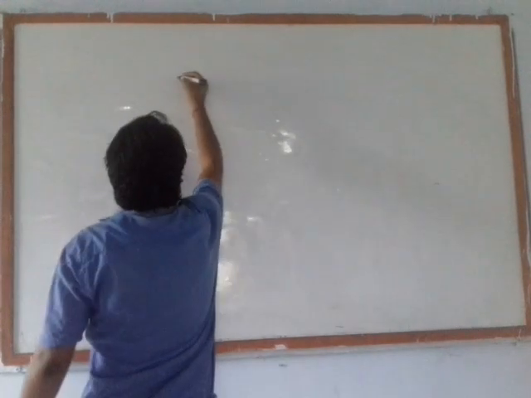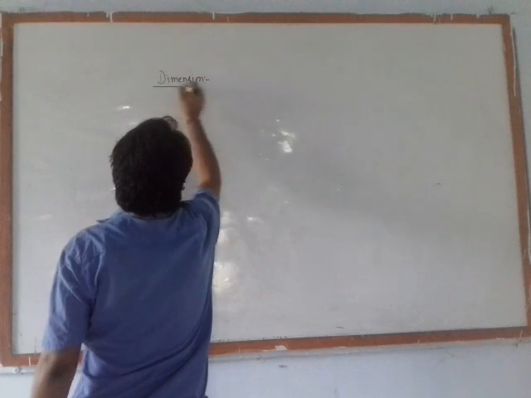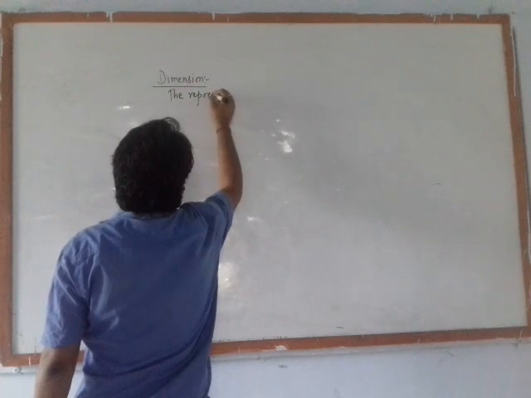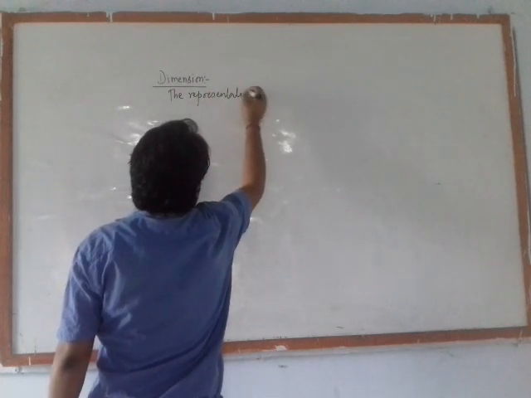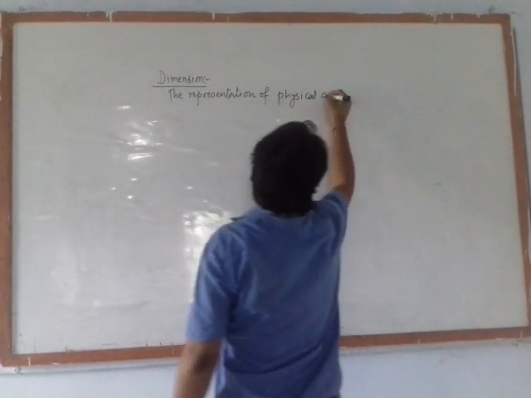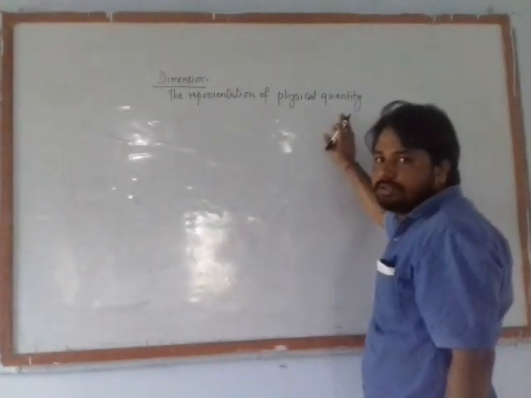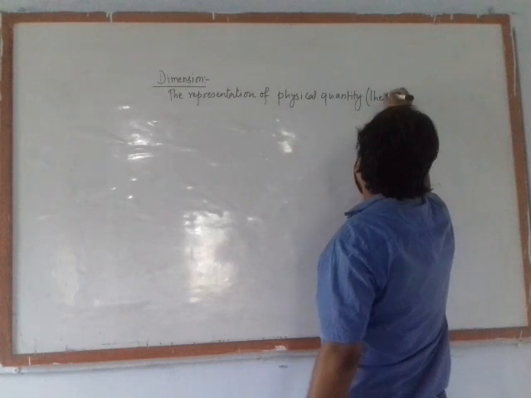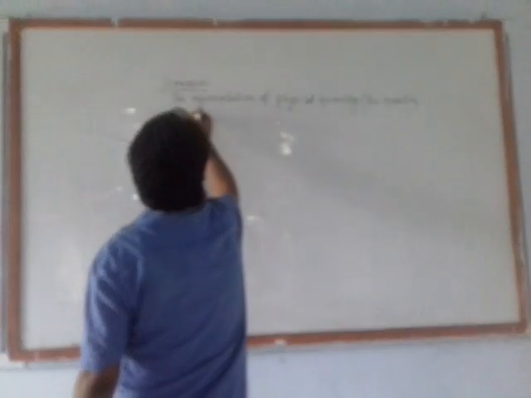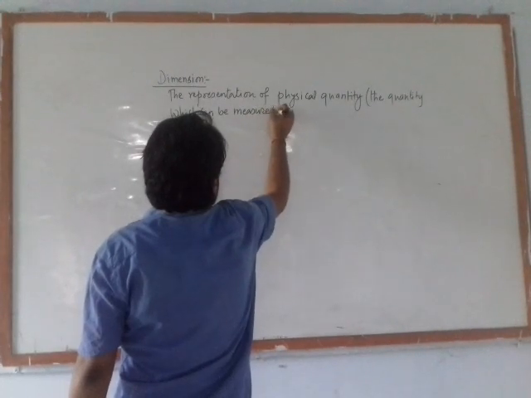Okay, so let us come to the dimension. Dimension means the representation of physical quantity. Do you know the physical quantity? The quantity which can be measured.